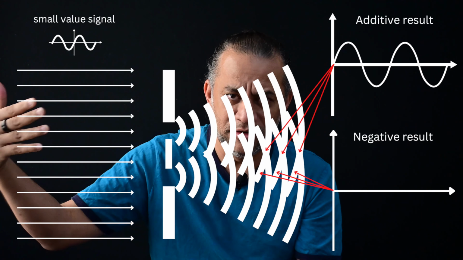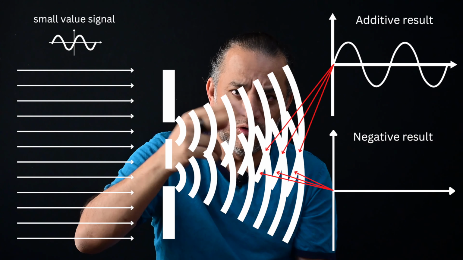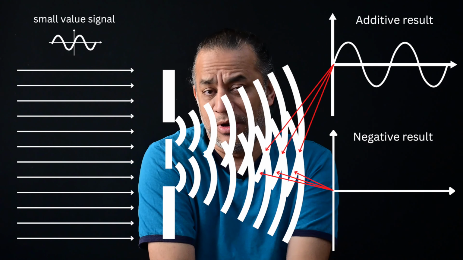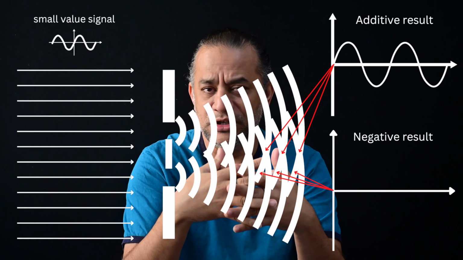Right now I'm going to make 2 holes in the surface. Light comes, hits the 2 holes, and we get 2 separate waveforms. These 2 waveforms interfere with each other.